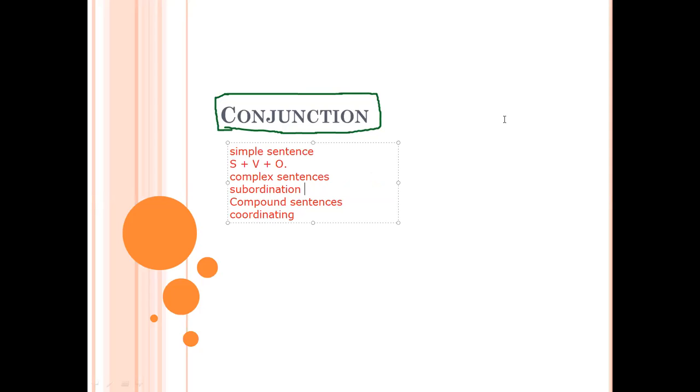Maybe this is another part, types of sentences, a separate part, but you'll come to know that they can be related to which conjunctions you are using. Based on that, you can decide whether a sentence is simple, complex, or compound. But we are not learning types of sentences, we are learning conjunction.